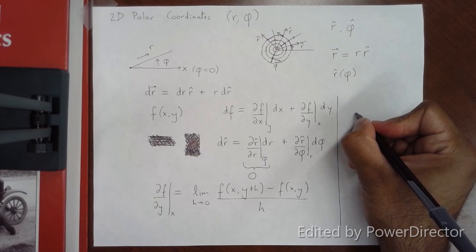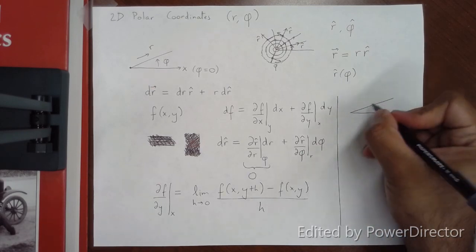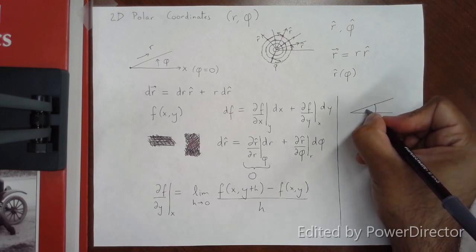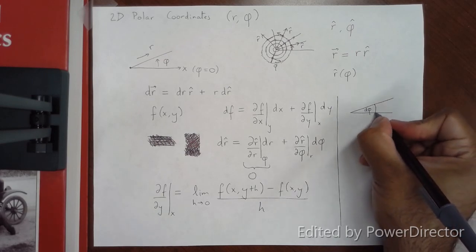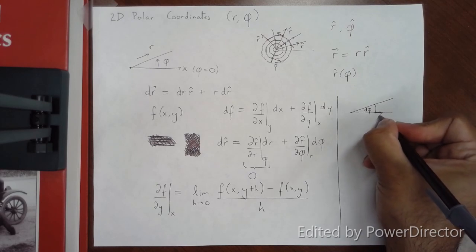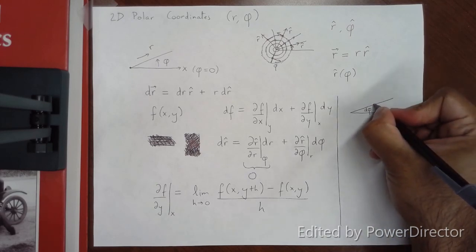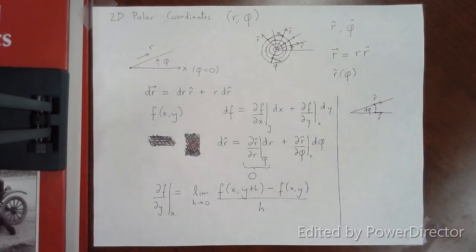So let's say we have two lines. The angle between them is d phi. At this point, r hat points like so, and at this point, r hat points like this.